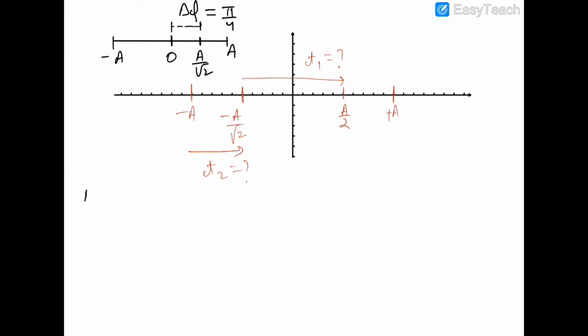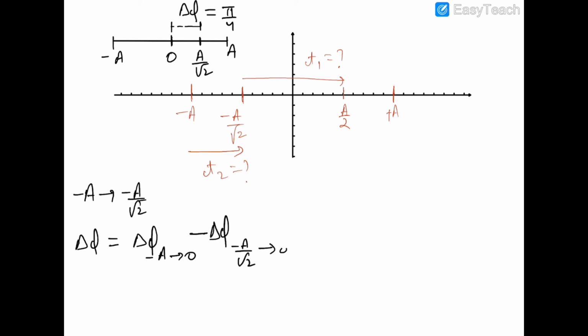So when the particle moves from minus a to minus a by root 2, we can see that the change of phase, delta phi, would be equal to the change of phase when the particle moves from minus a to mean position, minus the change of phase when the particle moves from minus a by root 2 to mean position.